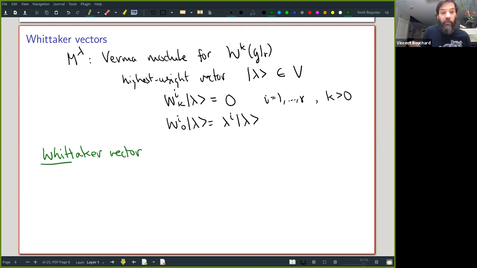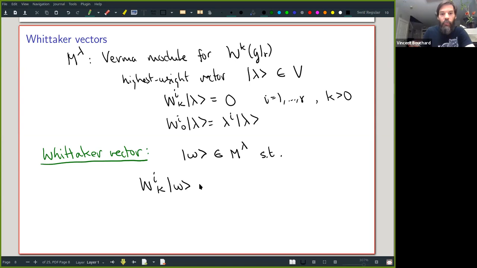Now, what is a Whittaker vector? Well, a Whittaker vector is a very particular vector in a Verma module. It's going to be a vector, omega, inside this Verma module associated to the highest weight state, such that it's almost like this, but not quite. So it's killed by all the positive modes except one. This is the definition we take in this paper. This could be generalized, but this is the definition we take because that's what is relevant for the Gaiotto vectors.